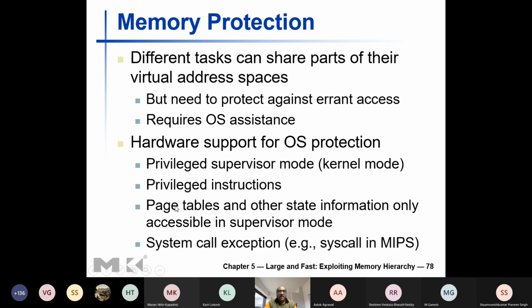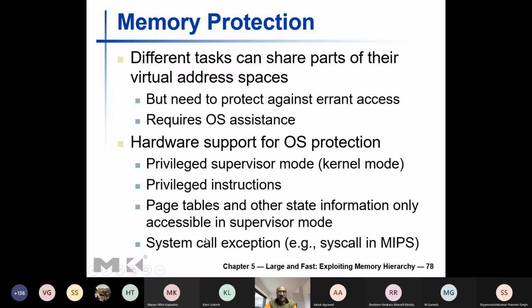And for that, the OS performs these things by using different modes of operation. One is the user mode and the other is the supervisory mode, right? And similarly, there are some special instructions. Only the OS can handle those instructions; the users cannot access them. Again, these instructions can be accessed only in the privileged mode or supervisory mode.